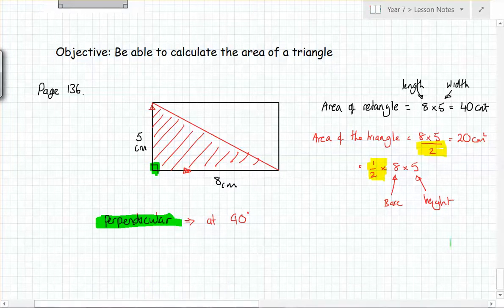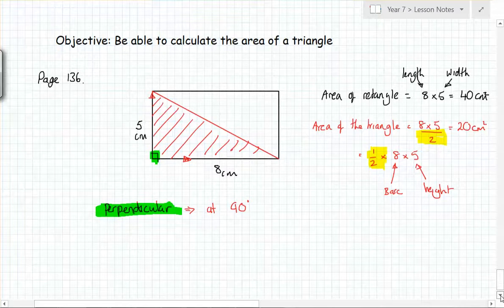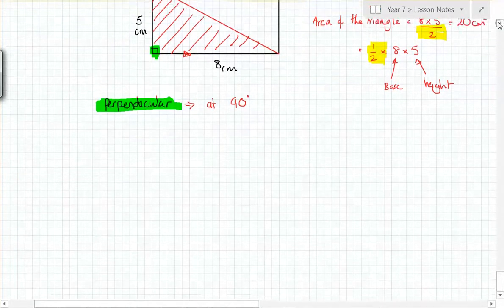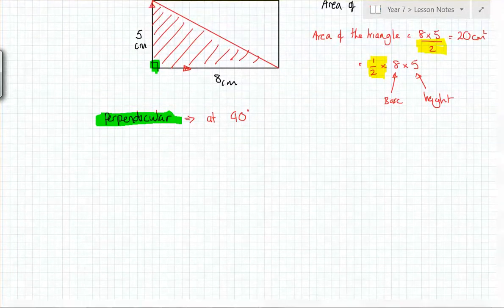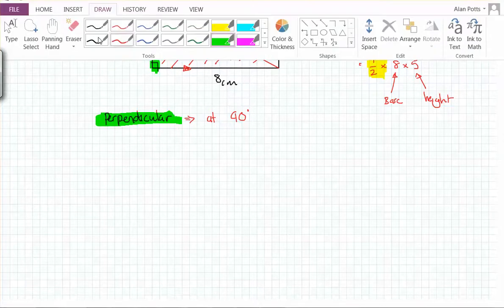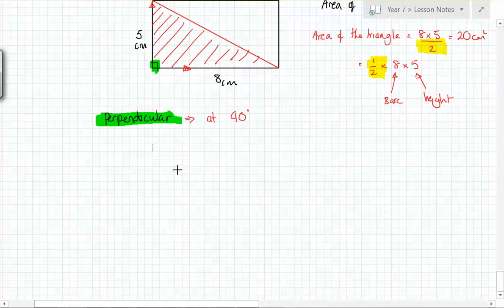So the next stage is to look at, well, what if we don't just cut the rectangle in half? Alright, so I'm going to draw another rectangle.